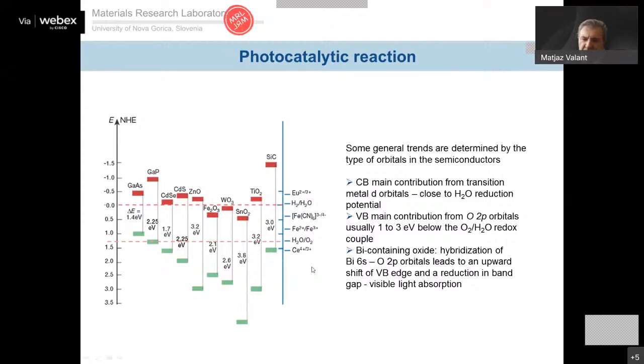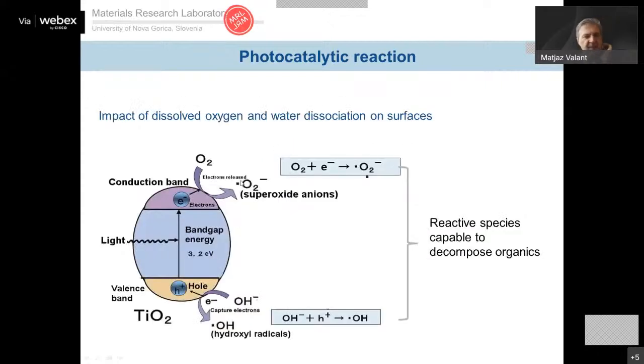But what I want to show you with this picture is that for different photocatalytic reactions, we have a choice of very different materials, and if we know the thermodynamics of the reaction, we can choose in an educated way, let's say, the proper group of materials.